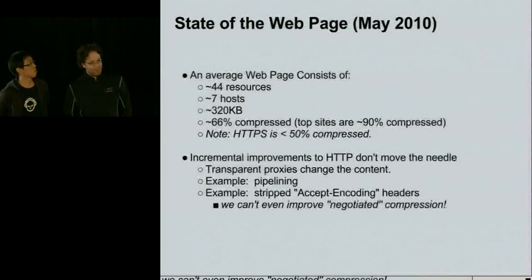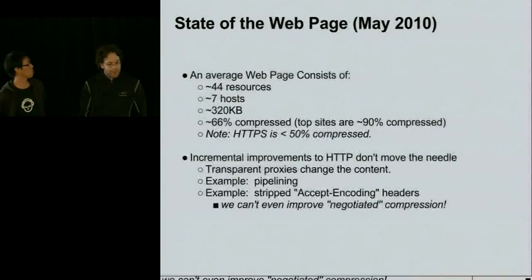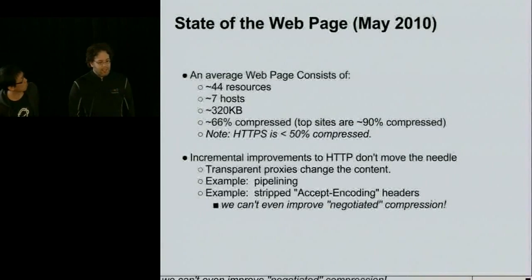And the reason it didn't work, despite the fact that both the client and the server supported it, was that there were transparent proxies out there on the internet, and these transparent proxies would muck with the headers, or they would muck with the data, and they would make this communication impossible.